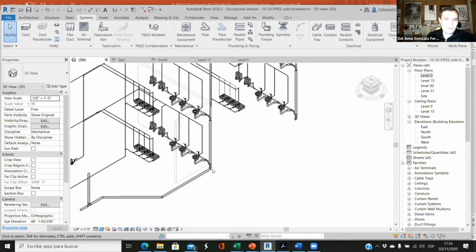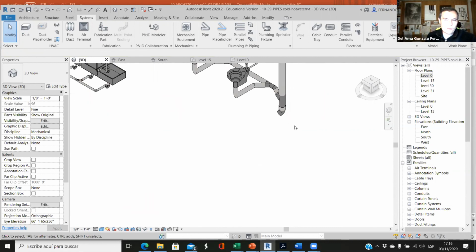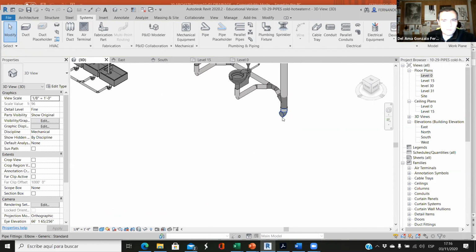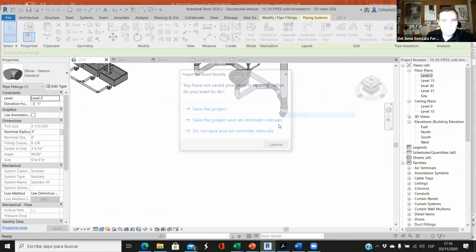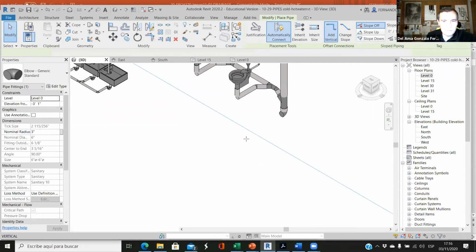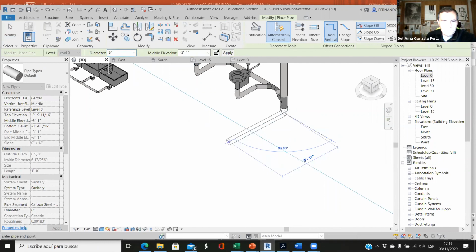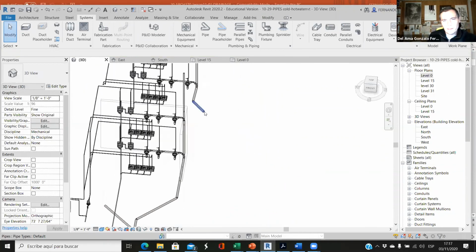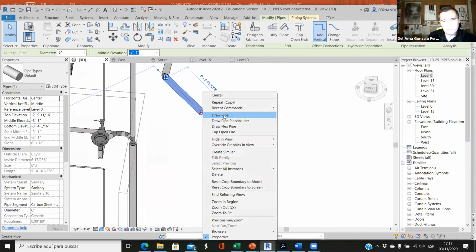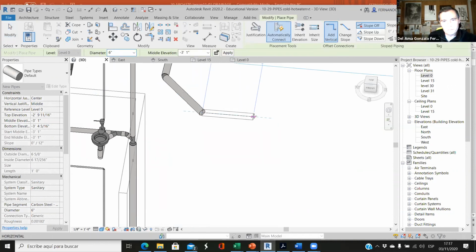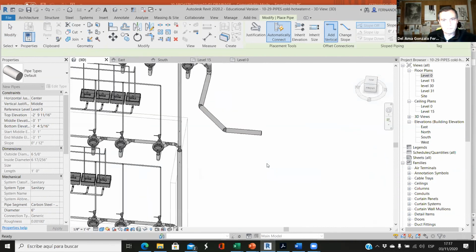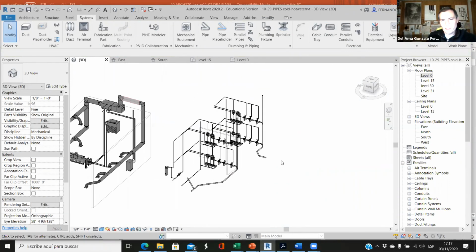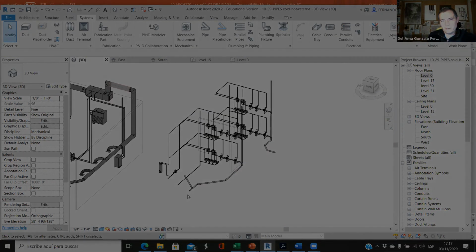Do we connect this to this, or do we have to go out of the building that way? Because there's another cap here, and then there's another one there.